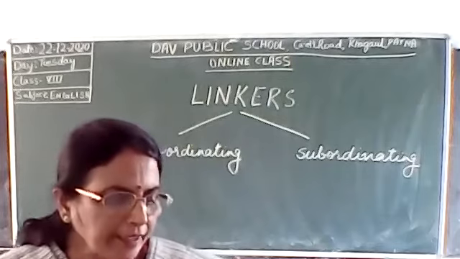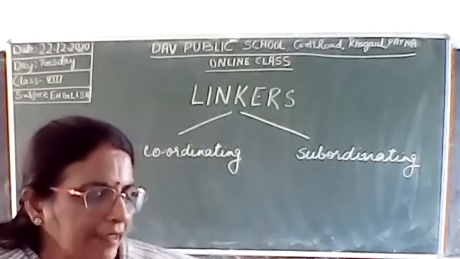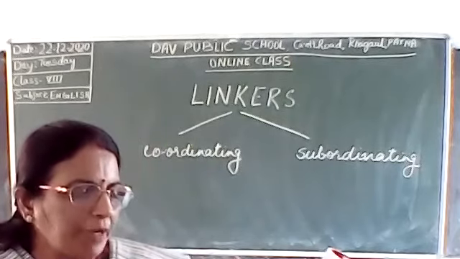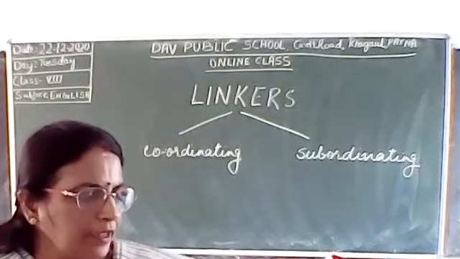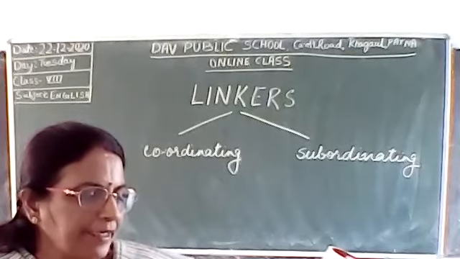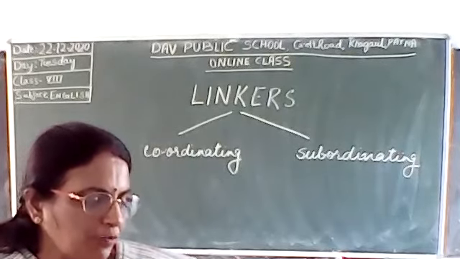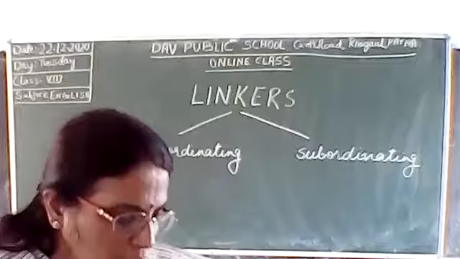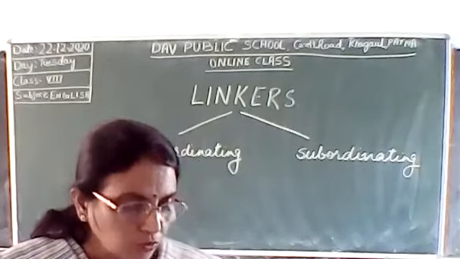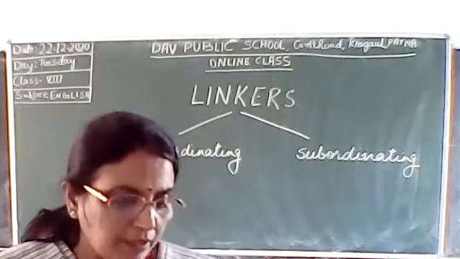Now, coordinating linkers are: and, as well as, not only but also, yet, still, but, neither nor, either or. And these join independent sentences in 3 ways, as I've already told you. Now, worksheet 3, you have to see this table.